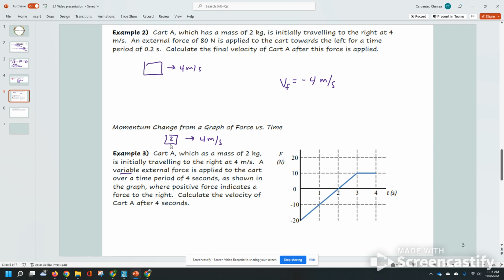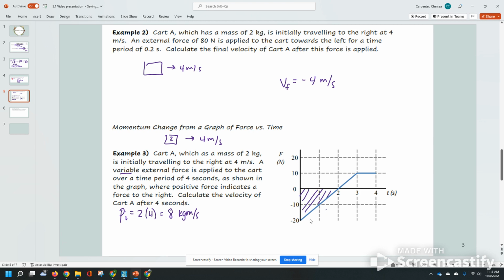What we know initially is that our initial momentum is 2 kilograms times 4 meters per second, or 8 kilogram meters per second. What we need to do is figure out the total change in momentum, which I can find from the graph. The area here is a triangle, and it's negative.